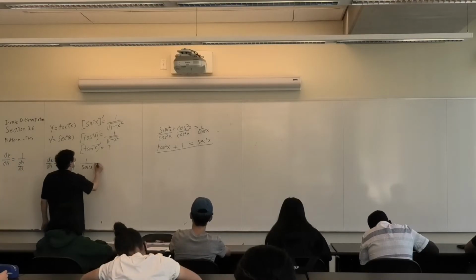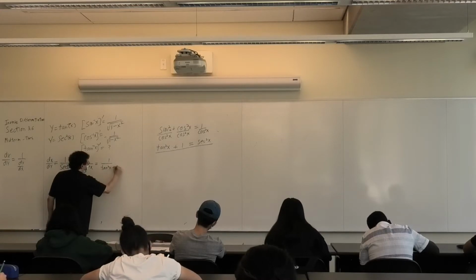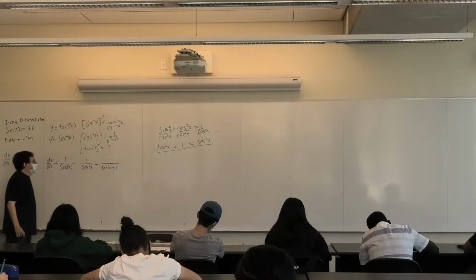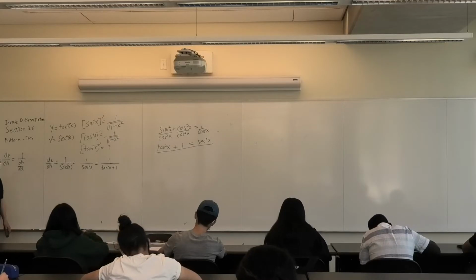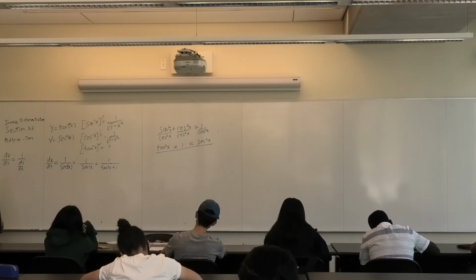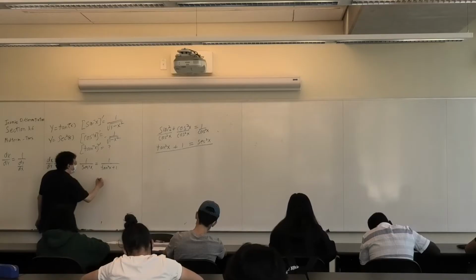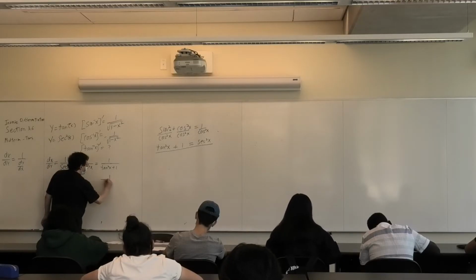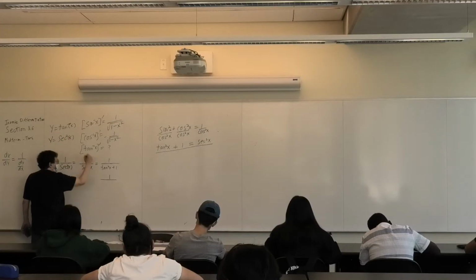Looks like it's 1 over tangent squared plus 1. Happy with that? So my last step is just tangent squared, which is y squared.